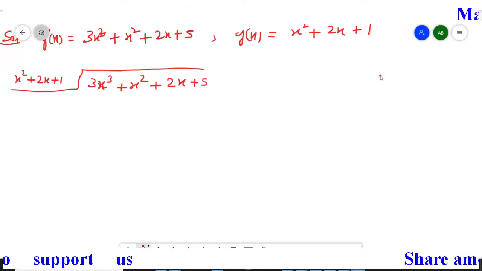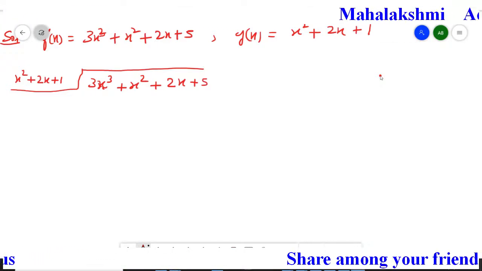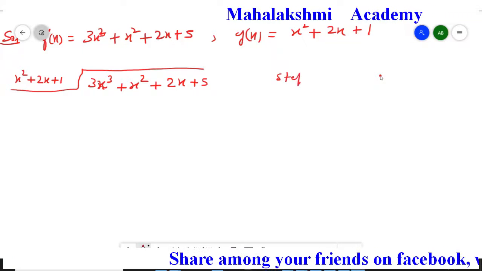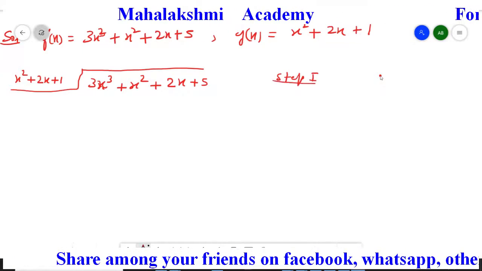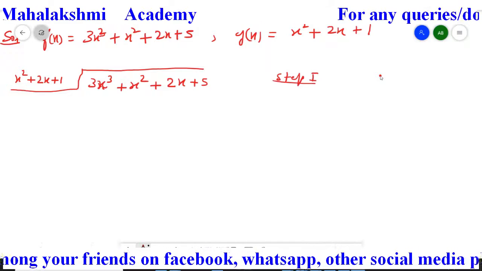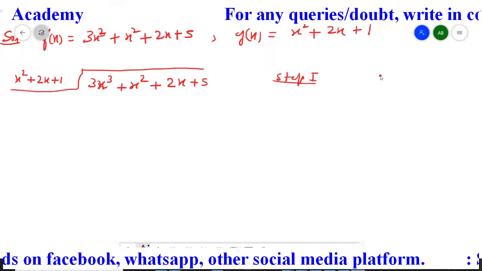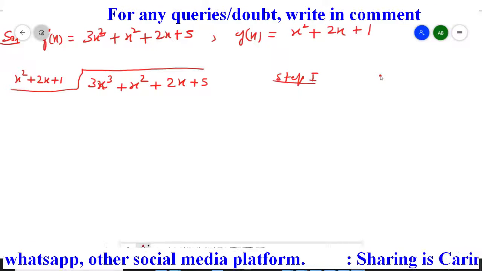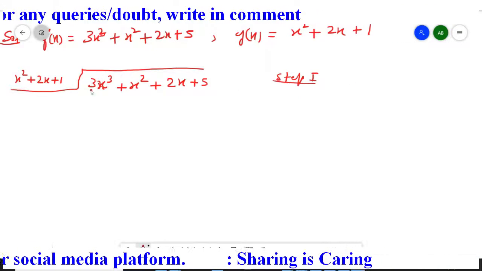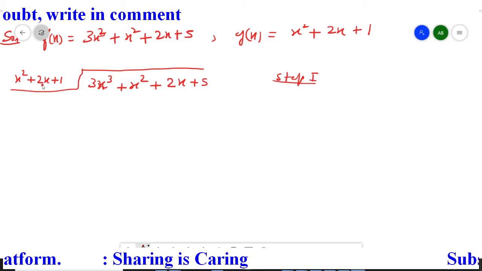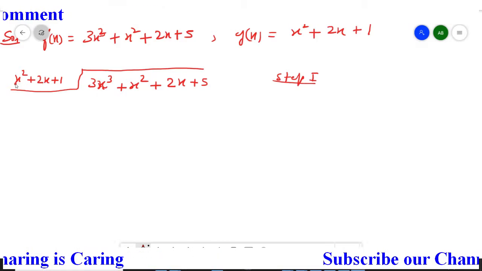Now here, students, you have to write down step 1, step 2, step 3 like this. In step 1, what is going to be the quotient here? For that we have to divide the first term of the f(x) polynomial, which is 3x cube, by the first term of the g(x) polynomial, which is x square.